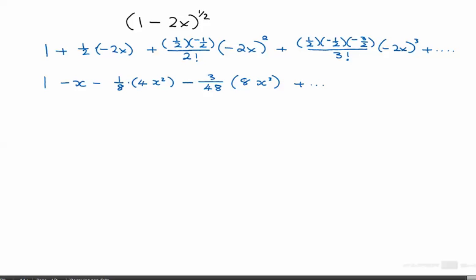And then finally, simplifying for the last time, so 1 minus x minus a half x squared minus 3 over 48 multiplied by 8 gives me 3 over 6, which is 1 over 2 x cubed. And that's our expansion.